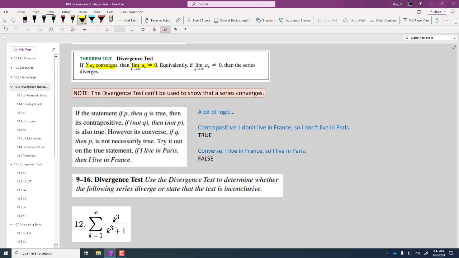Another way to rewrite this logic is with the contrapositive.